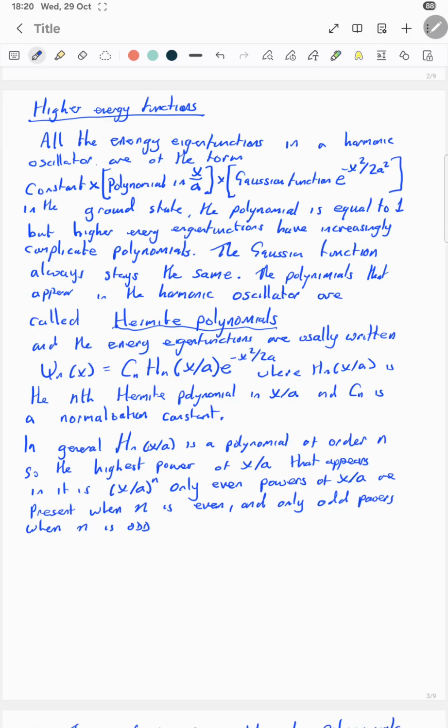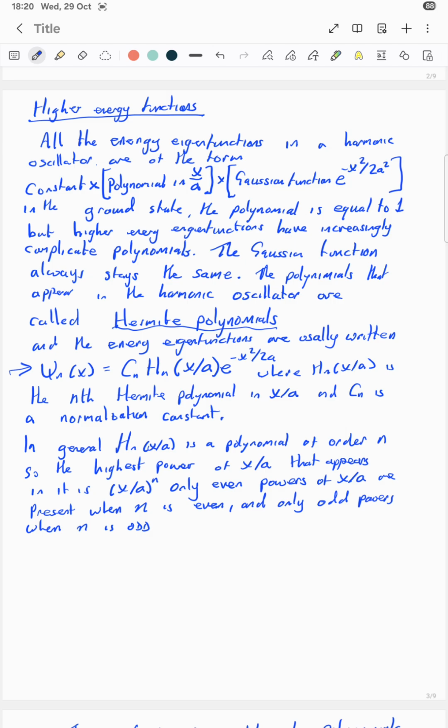And the energy eigenfunctions are usually written in this form, where Hn of x over a is the nth harmonic polynomial in x over a, and cn is a normalization constant as always. In general, Hn of x over a is a polynomial of order n, so the highest power of x over a that appears in it is x over a to the n.